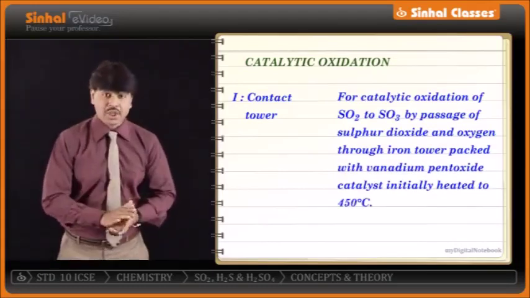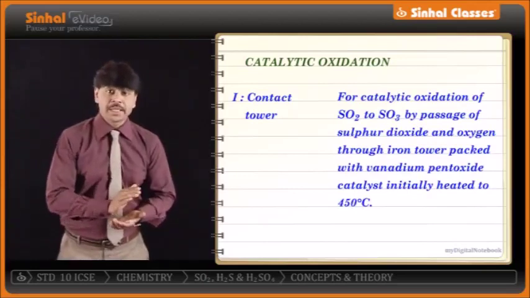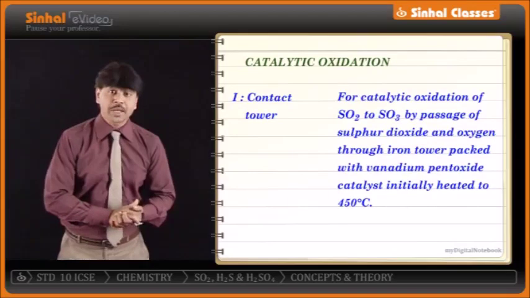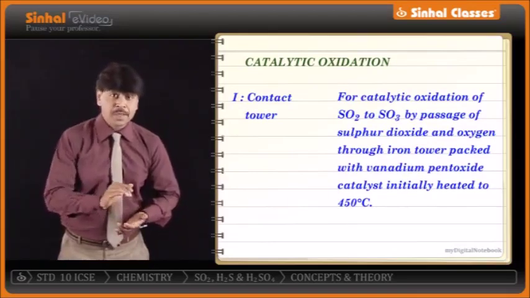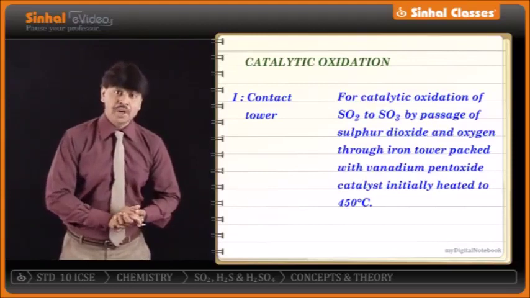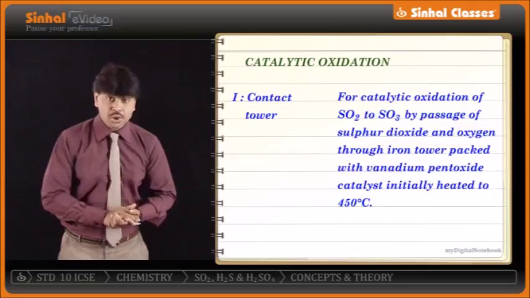It's a reversible reaction. The pressure maintained here should be optimum, that is between 1 to 2 atmospheric pressure. According to Le Chatelier's principle, low temperature and high pressure will favor the forward reaction, that is formation of SO3.